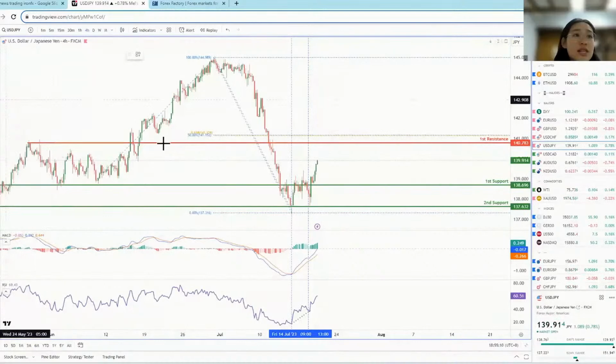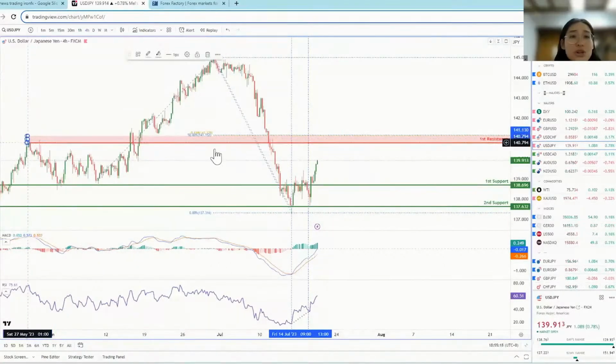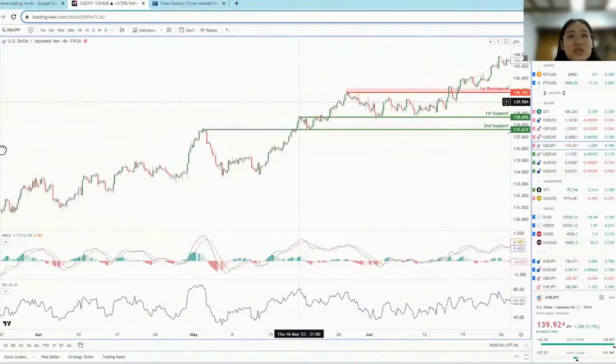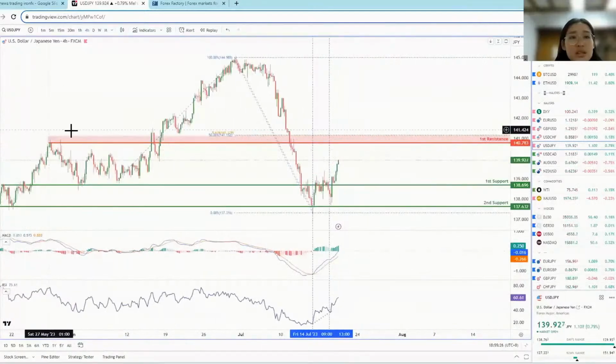But let me just highlight, this first resistance is a confluence area because we have 2 Fibonacci levels, the 61.8 and 50%, along with a resistance that is not that strong because it only has one swing high resistance and a pullback resistance level.